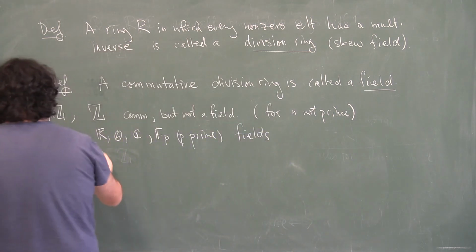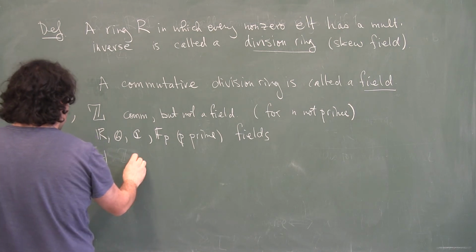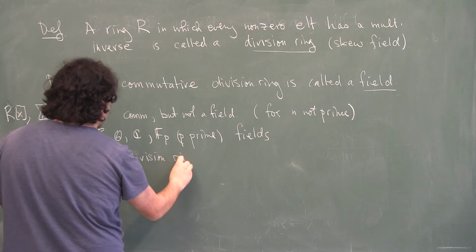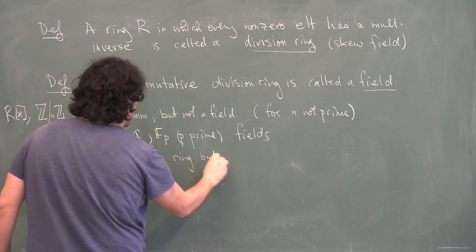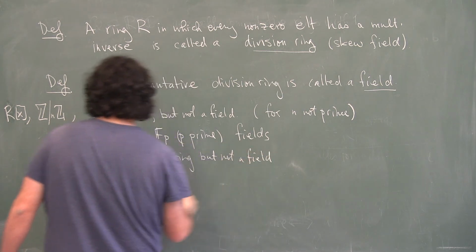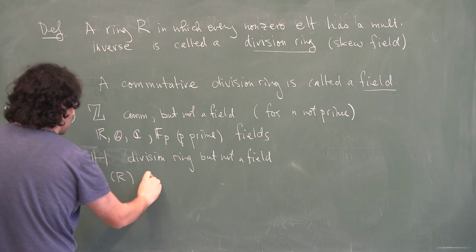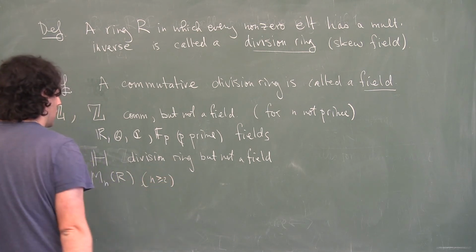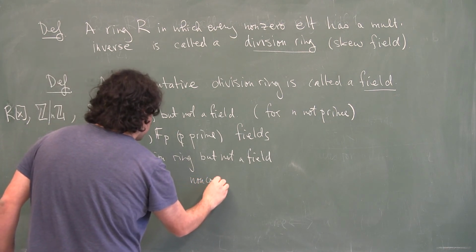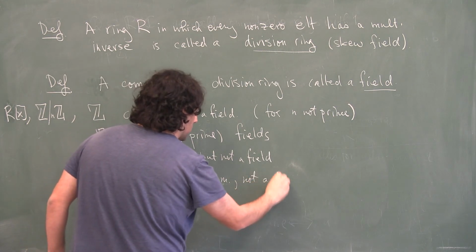Okay, and then we said that H, the Hamilton quaternions, this is a division ring but not a field. The n by n matrices, this is non-commutative and not a division ring.